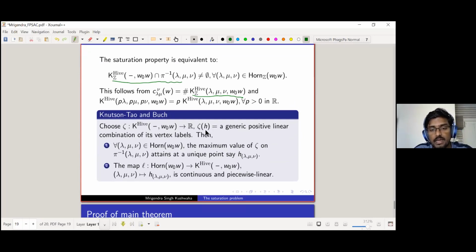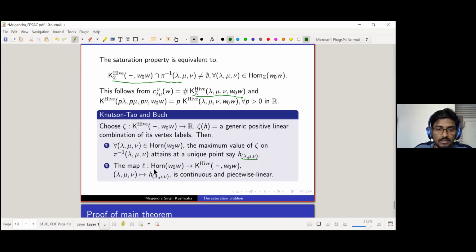Okay, so by Knutson and Tao, we can choose one linear functional xi on this polyhedral cone, exactly a generic positive linear combination of its vertex labels, such that if you take lambda mu nu in this Horn W not W, the maximum value of this xi on pi inverse lambda mu nu is attained at a unique point, and we denote that point by H lambda mu nu.